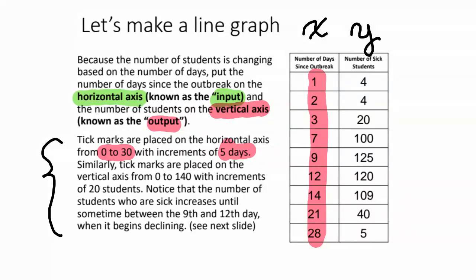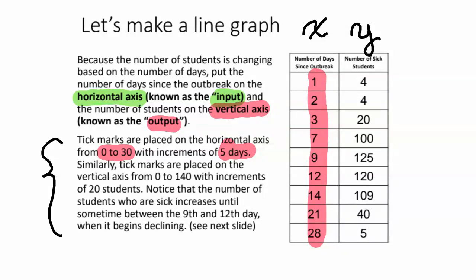Now, even though my first column doesn't have 1, 2, 3, 4, 5, 6, 7, 8, 9, 10, all the way up to 30, by setting my increments up in 5, I'm in good shape because I can evenly divide my horizontal axis. Now, the vertical is a little different.